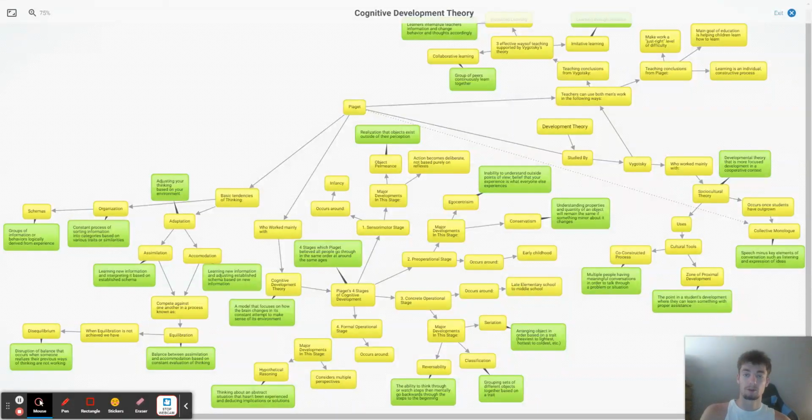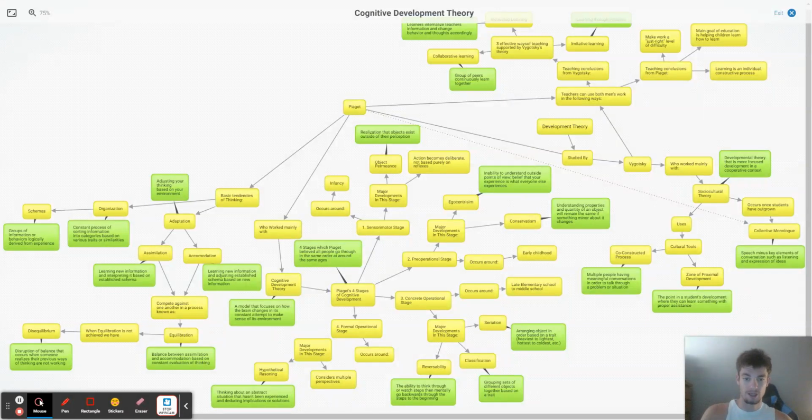After the pre-operational stage, they move on to the concrete operational stage, which takes place around late elementary school to middle school. They start to develop seriation, which is arranging objects based on traits. So if you asked a child in the concrete operational stage to arrange an array of objects from heaviest to lightest, they would be able to do that.